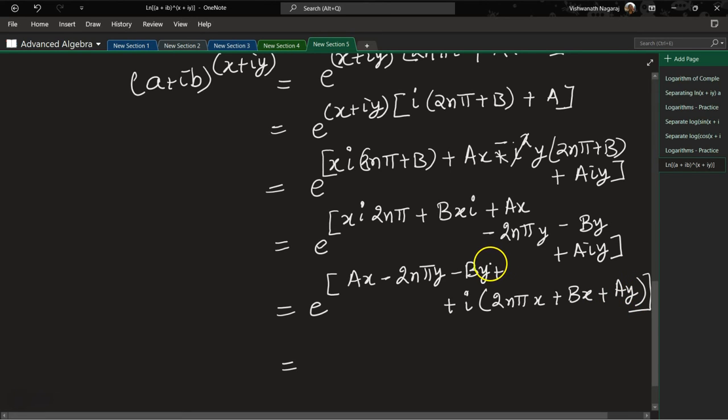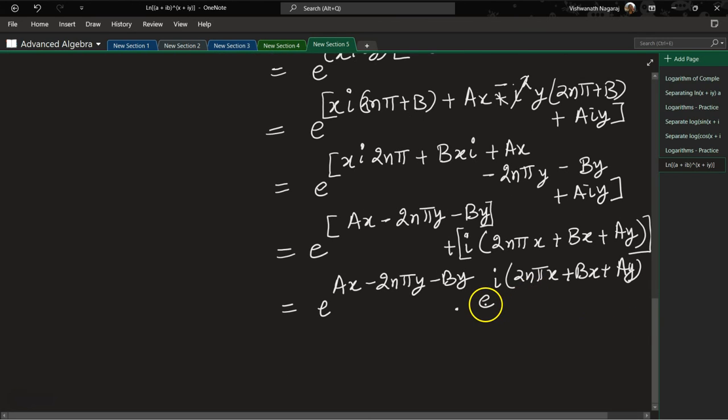Now here we can take this and we can take this, right? Like this, we can separate it out. Now there is a plus sign here. I don't have to put a sign on both sides. Since plus is there in an exponent, we can split it into e to the power of (Ax minus 2n pi y minus By) times e to the power of i(2n pi x plus Bx plus Ay).